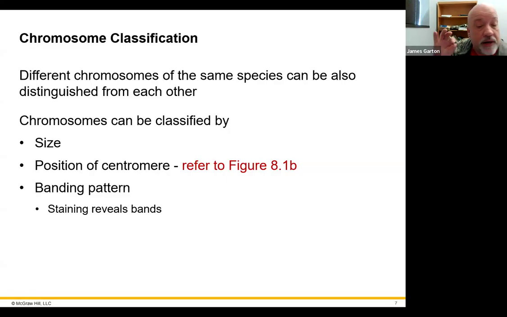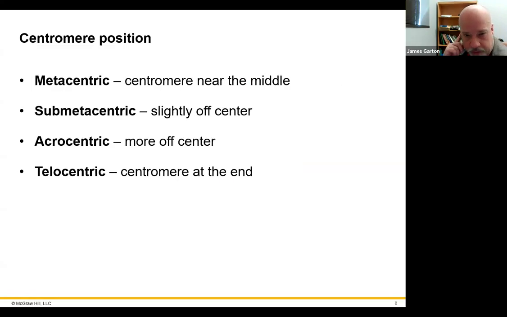And there's a variety of ways you can stain chromosomes. And the typical chromosome will have dark staining regions and lighter staining regions. And those are called bands. And so you can describe a chromosome by where the centromere is.